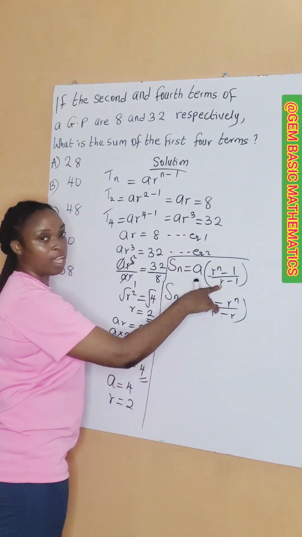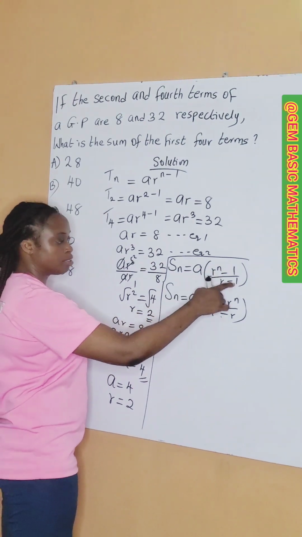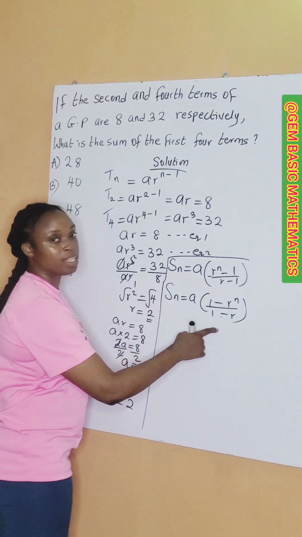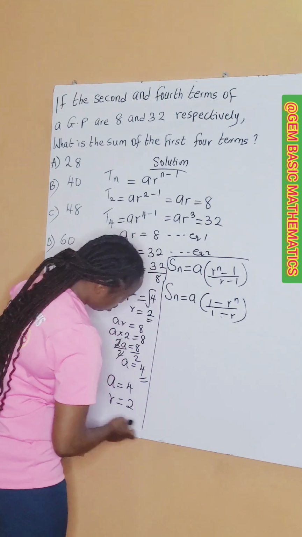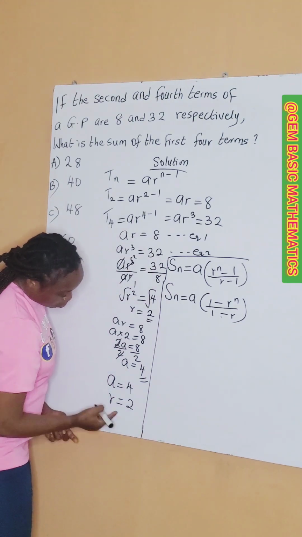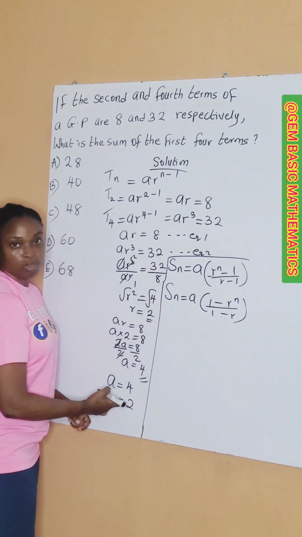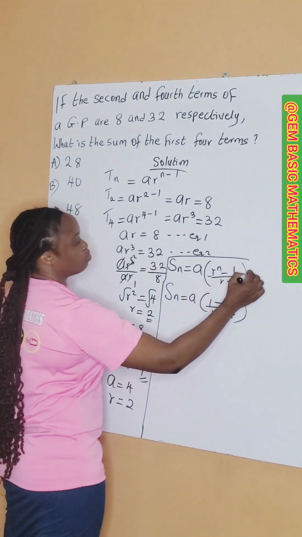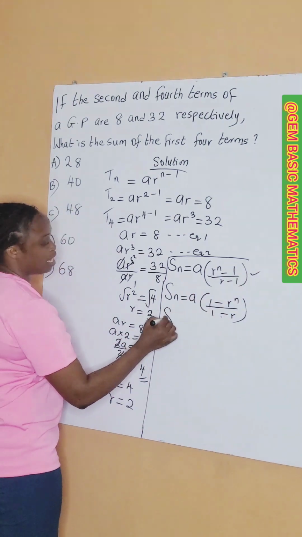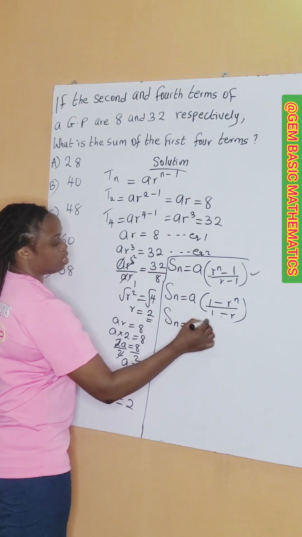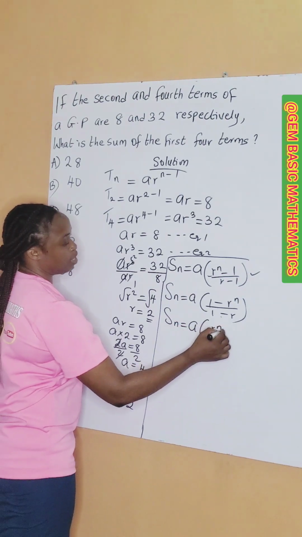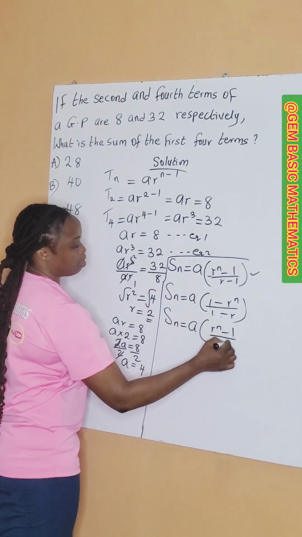We use the first formula if r is greater than 1, and the second if 1 is greater than r. Since r is 2, r is greater than 1, so we make use of the first formula, Sn equals A(r^n minus 1) over r minus 1.